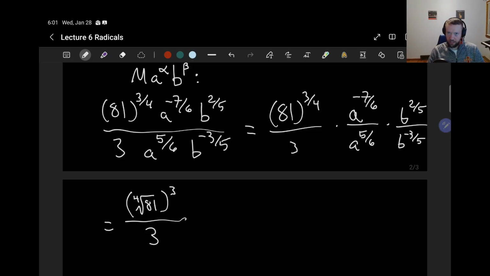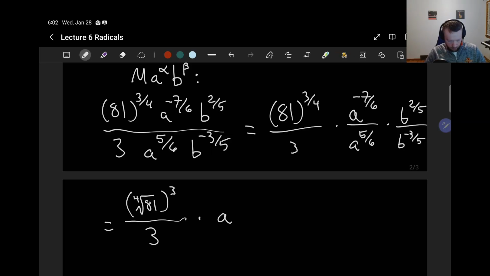Remember, 81 is 9 squared, and 9 is 3 squared. So when you really break it down, it's 3 times 3 times 3 times 3, or 3 times itself 4 times. So the fourth root of 81 is 3. Let's take care of these real quick.